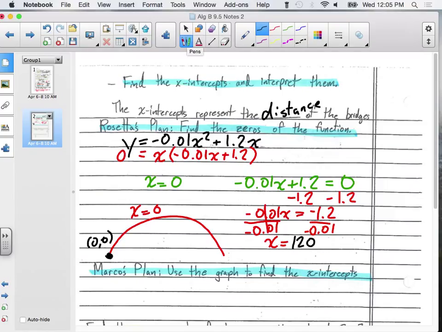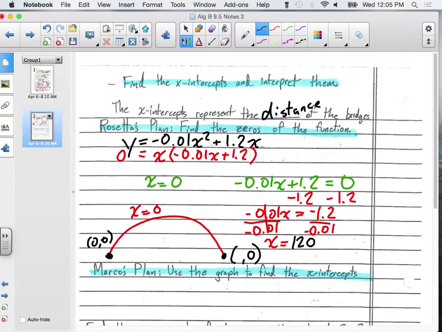All right, so we got 0, 0. What do you think this point's going to be? 120, 0. Okay, we found our x-intercept, right? What's the y value for any x-intercept? 0, right? So we have this ordered pair.